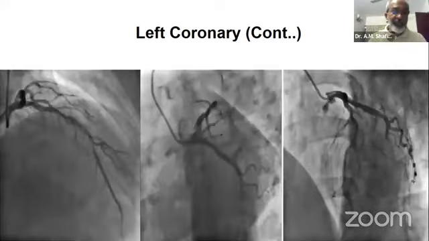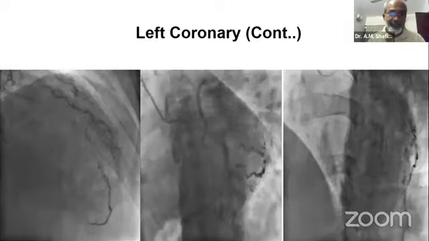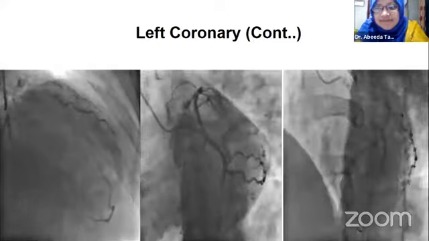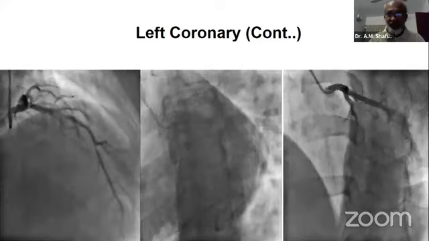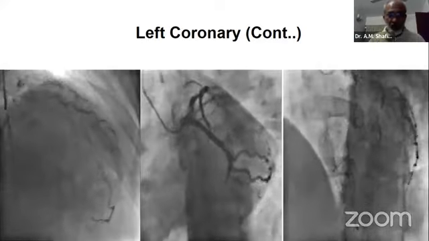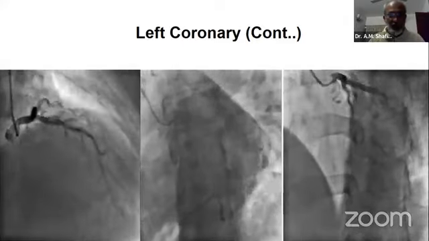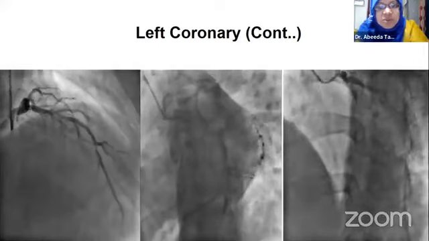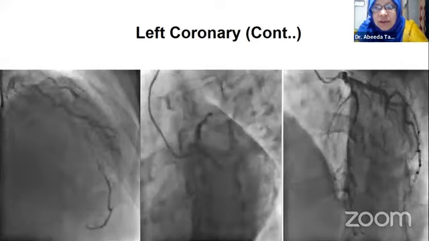Seeing the patient having RV infarction in the right-sided ECG, usually the RV branch arises from the RCA only. So this is in the LCX. How can we explain the ECG? This is also my question as well.